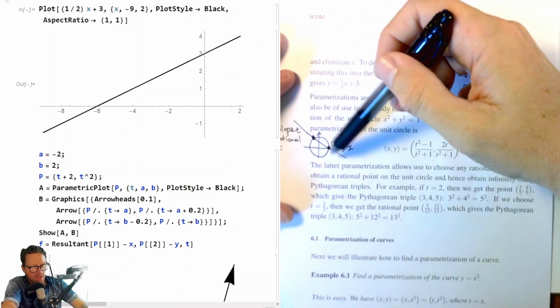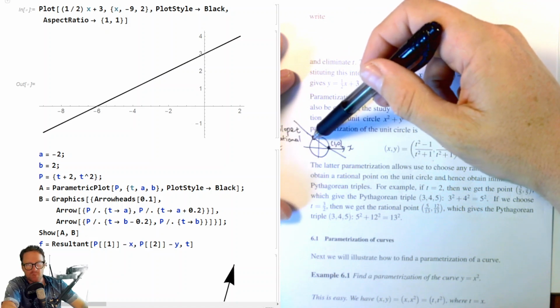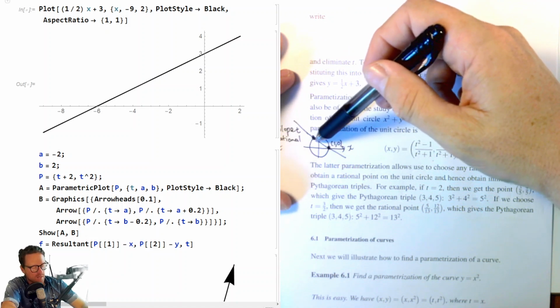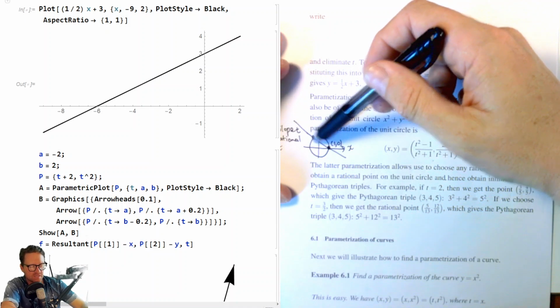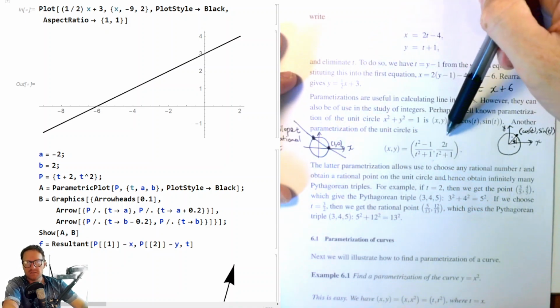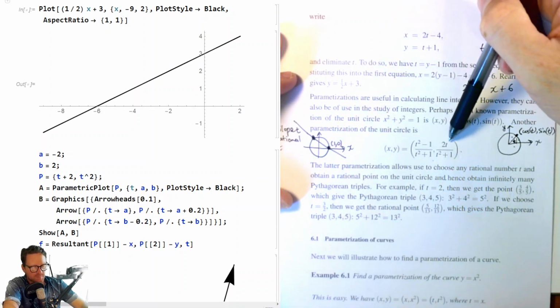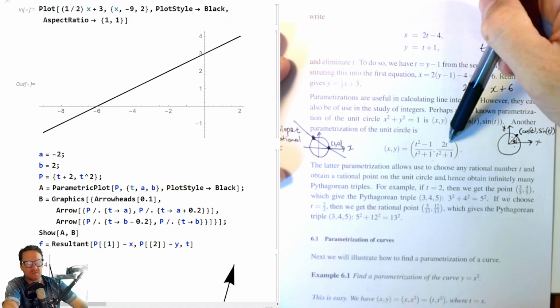And then I can get the description of that point by subbing the equation for this line into the unit circle. And this is what I get. So magically, if I sub in any rational number t into this, I get a rational point on the unit circle.